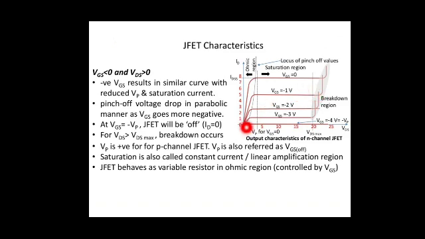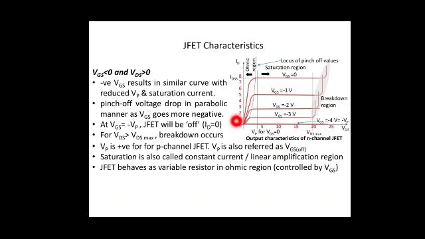When VGS is -1 and you change VDS from 0, the maximum possible current ID is less compared to VGS equal to 0. I have also explained this. When VGS equal to 0, you will have the maximum value of IDS, which is represented by IDSS. If VGS equal to -1, then the IDS generated is less.